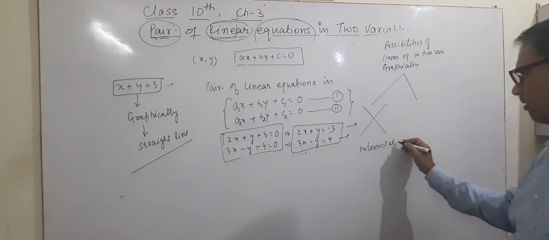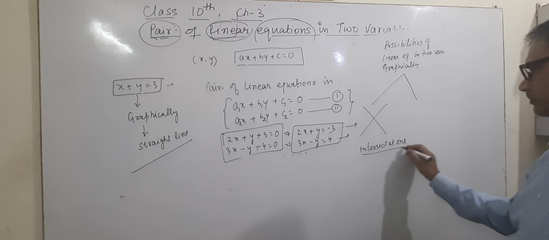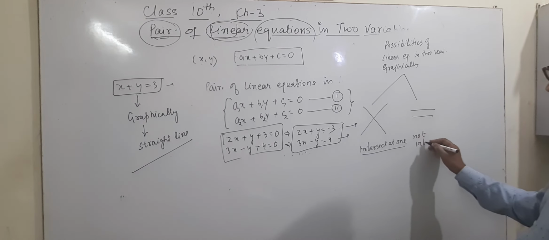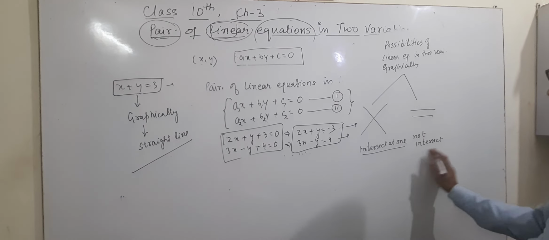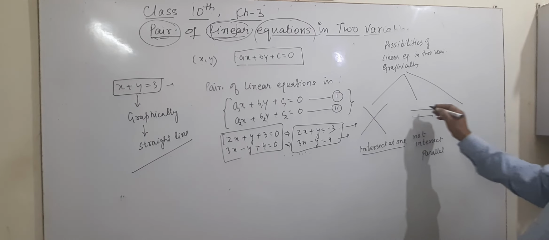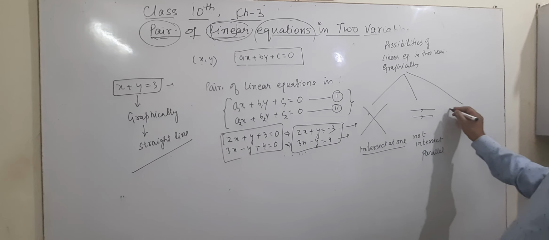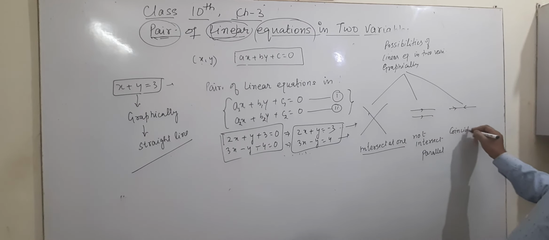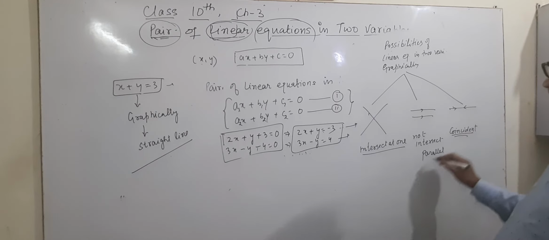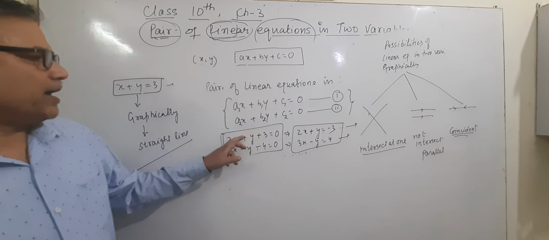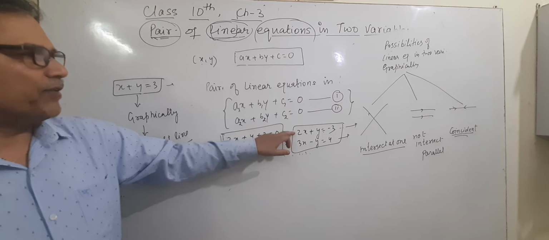Or they do not intersect, meaning they are parallel. And third is coincidence. There are three possibilities when we represent the pair of linear equations graphically.